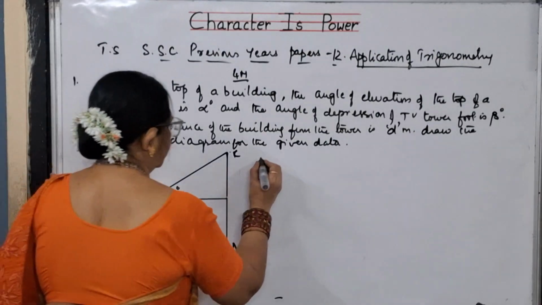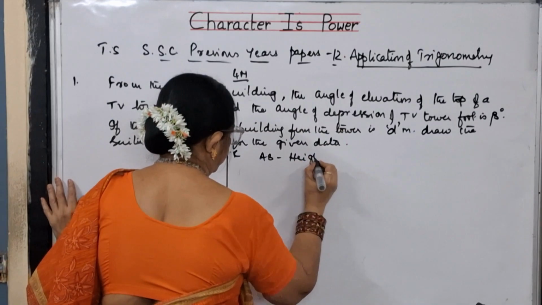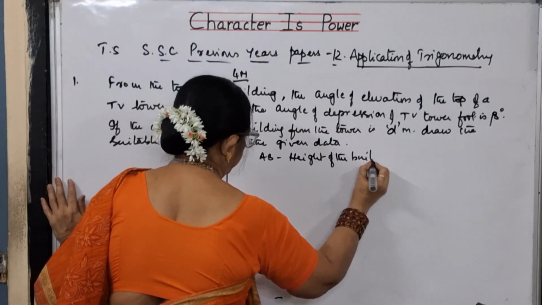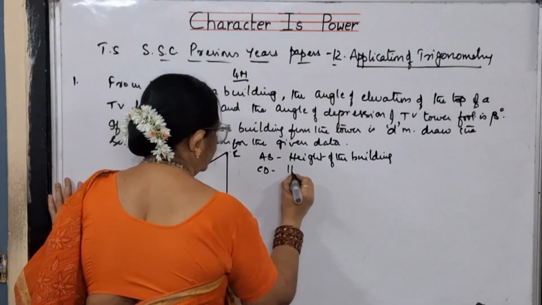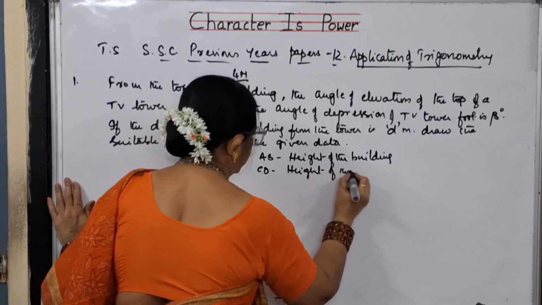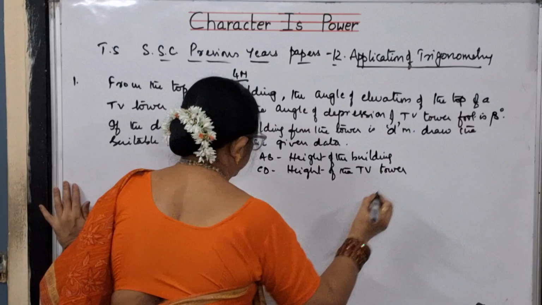So let us indicate what does each mean. AB is height of the building and CD is height of the TV tower.